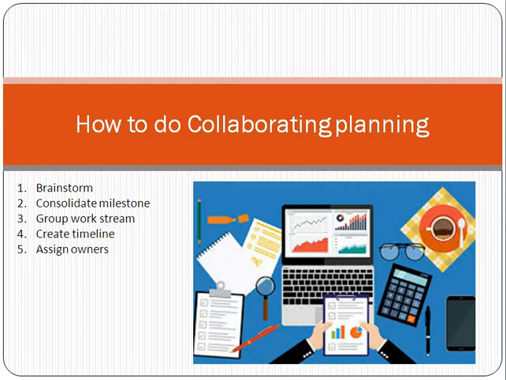Now, how do we do collaborative planning? First of all, the main thing is brainstorming. You can sit in one room and be open to ideas. People can throw their ideas, with no worry about whether ideas are good or bad.